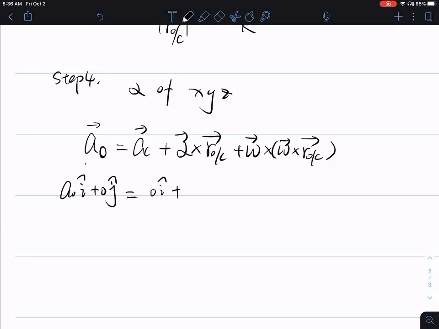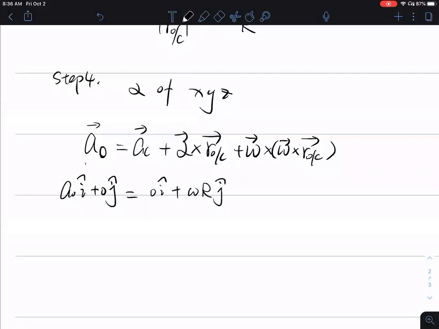What is that? Is that omega R squared or R omega squared? Anybody remember? Look up your notes.